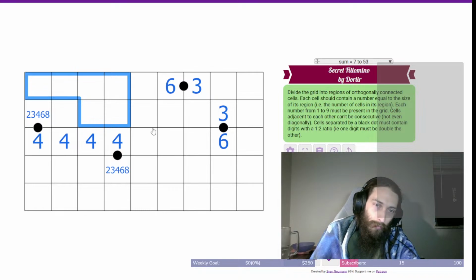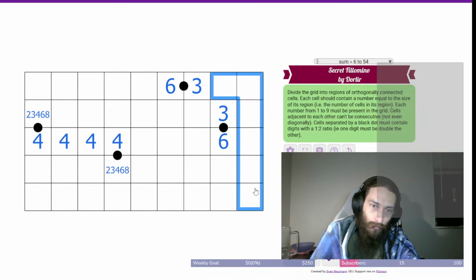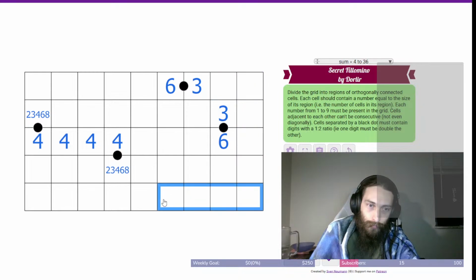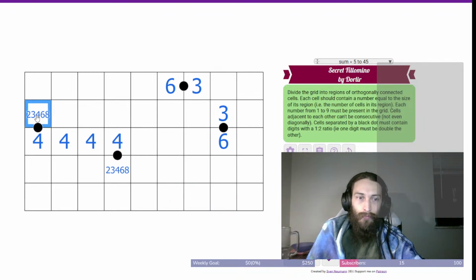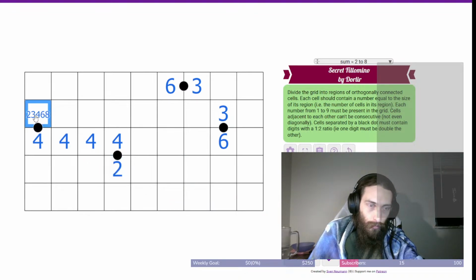But you could maybe wrap it around, oh no, you couldn't wrap it around over here. Right, because it would touch 6. Yeah, there's not enough room for 7 if 8 goes at the bottom. Yeah. Okay, so this one's 2 and this one's 8.